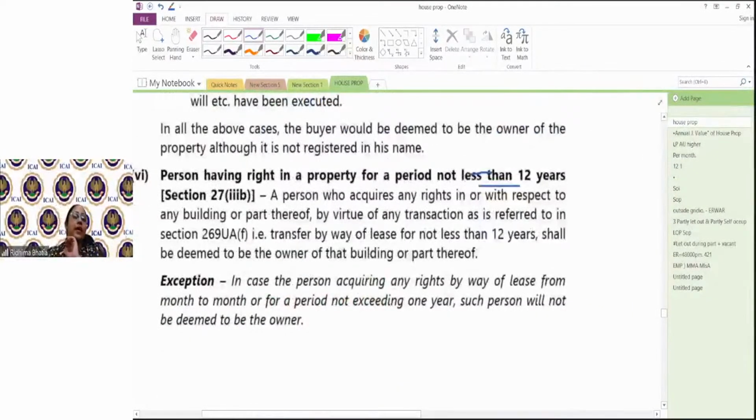A person having a right in a property for a period not less than 12 years. Now, what happens? Say a person is living in a property through a lease agreement. He has been living there through a lease agreement, and no one has come to claim the property back. No one came. He is living there, and that period is 12 years or more.